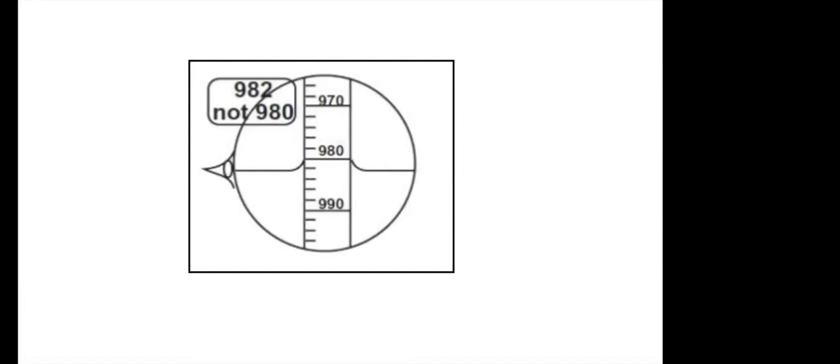The units will have cancelled, and therefore we simply say, okay, they have given us 982 because it is slightly beyond 980. So according to the eye level there, the density for this liquid is, we divide this by 1,000 and we get 0.982. So that's the relative density for that liquid.